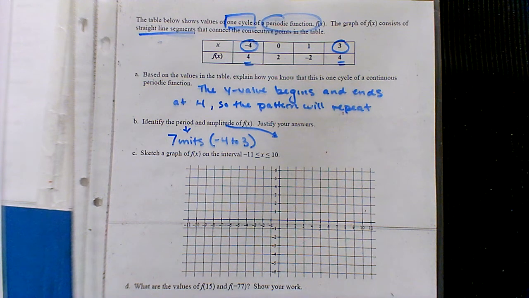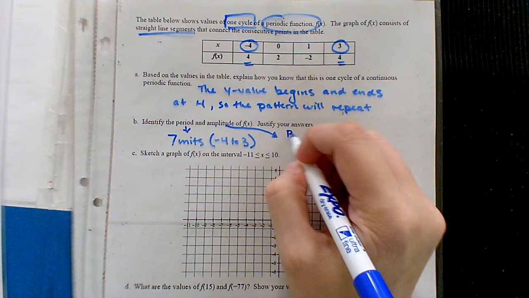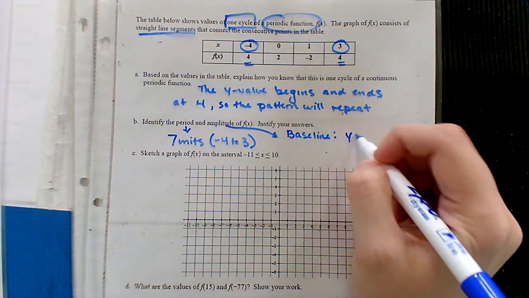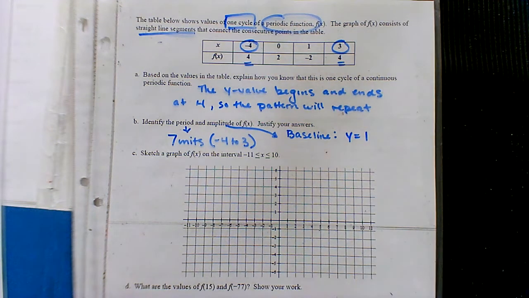How'd you know? From -2 to 4 is 6 units. So half that would be 3, and if you go from the highest point, which is 4, down to 3, you get 1. There you go.